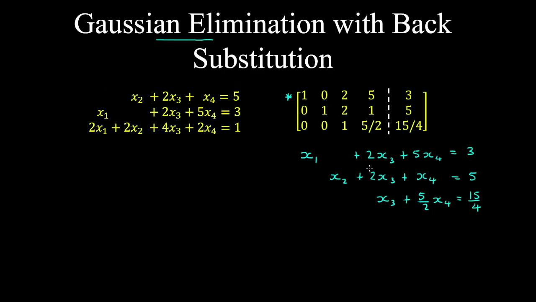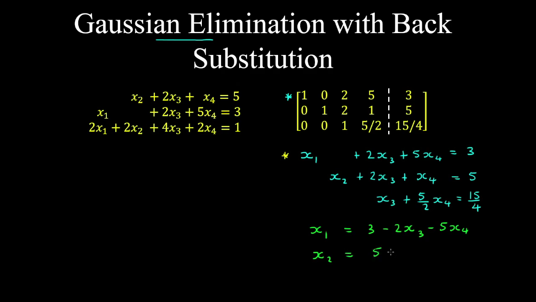So the first step is working from this row echelon form of our system and solving the equations for the leading variable. So our leading variable is x1. So we have 3 minus 2x3 minus 5x4. And in the next equation, our leading variable is x2.